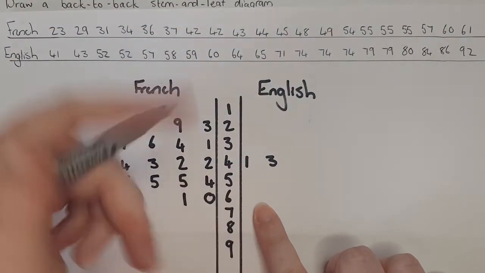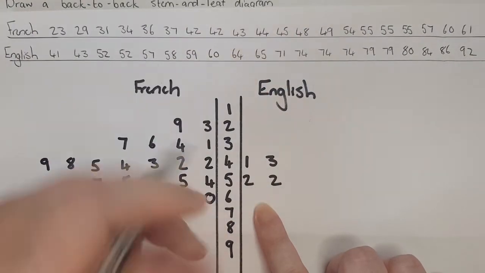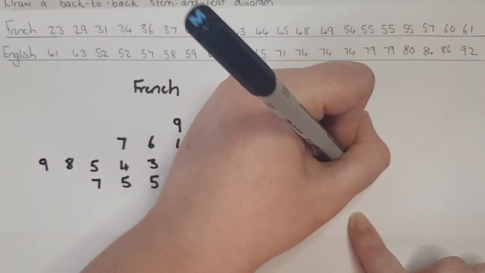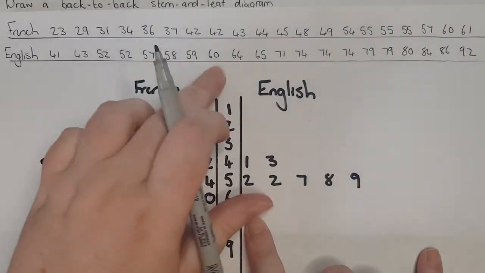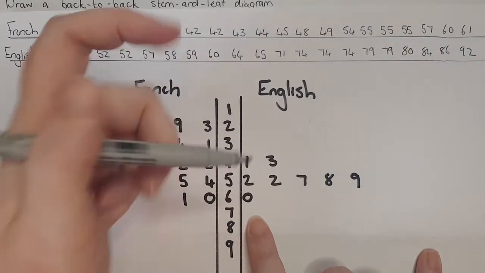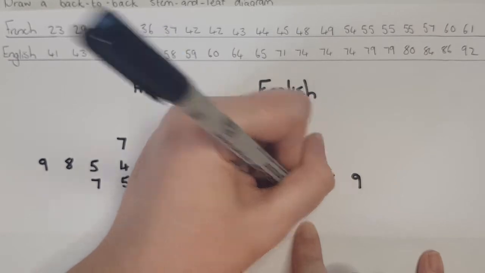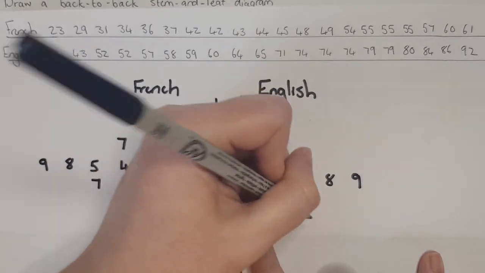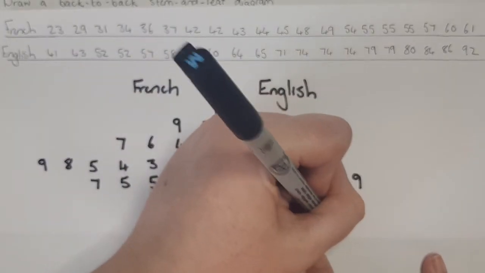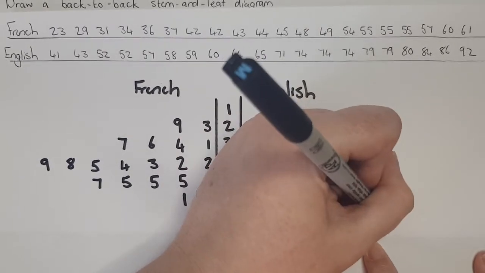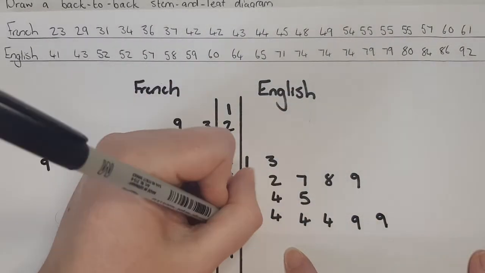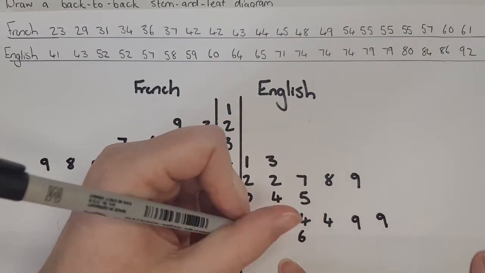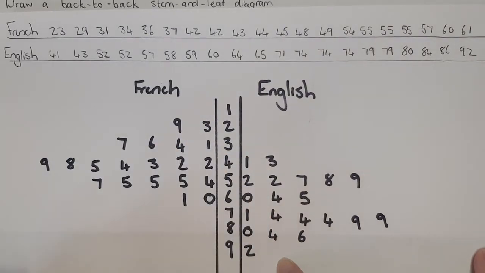Then I move to the 50s, and I have 52, 52, 57, 58 and 59. 60s, I have 60, then 64, then 65, then 70s, 71, 4, 4, and 4, and then 9 and 9. 80s, I have 80, 84, and 86, and then 90s, I just have 92.